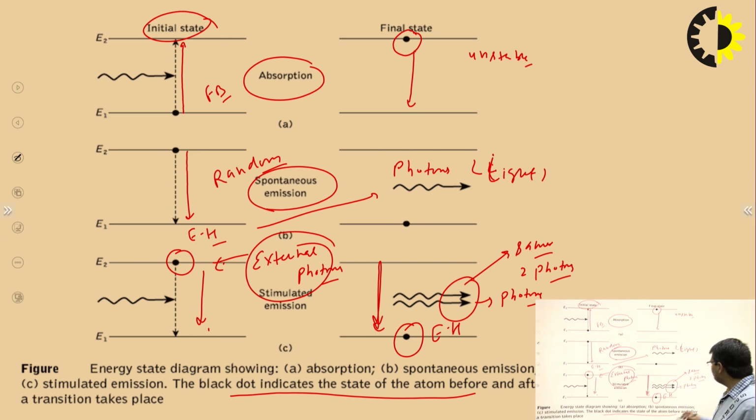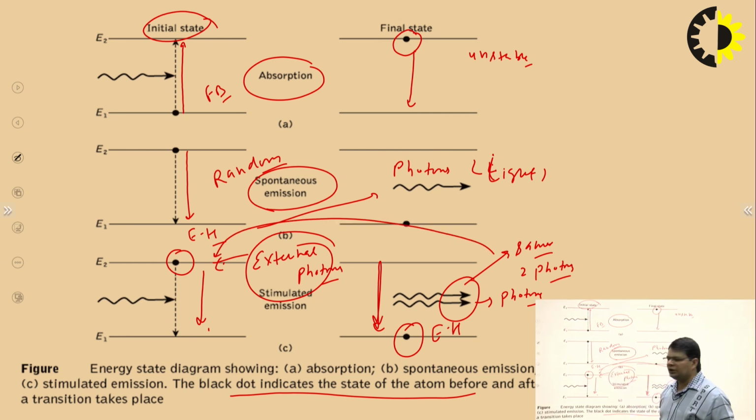Now these two photons can further be used for bringing down another two atoms, so that another two photons can be generated. So this process keeps on going and the number of photons keeps on multiplying. This is stimulated emission.